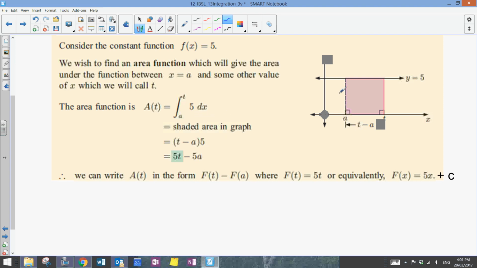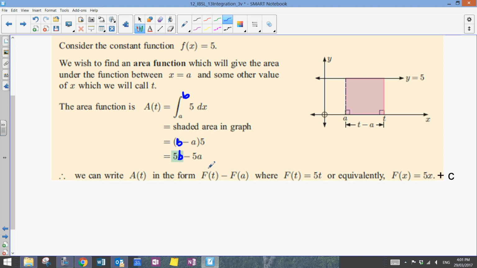We said if your function is y equals 5, and you wind up blocking off the area between two values, so here they just call them a and t, you get this rectangular shape. So the width of the rectangular shape is t minus a multiplied by the height of this rectangle is 5. So we get 5t minus 5a. In class, we just called this b, and we had 5b minus 5a.